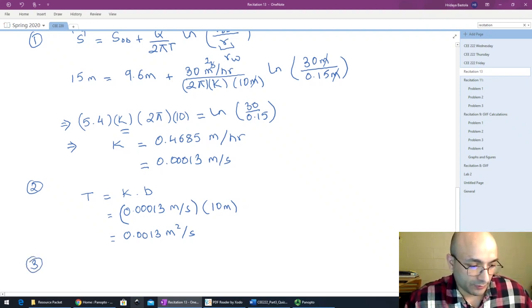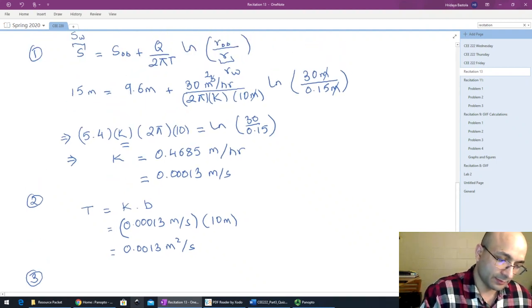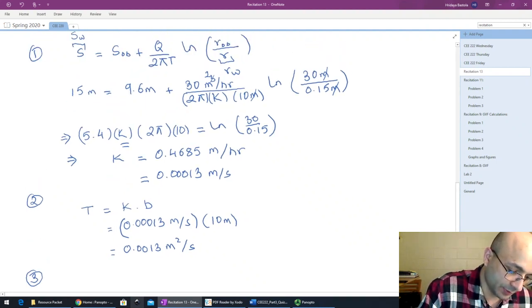Finally, we'd like to find out what the drawdown is at a distance of 60 meters from the well center. So we'll start with the same equation we used in the first part.